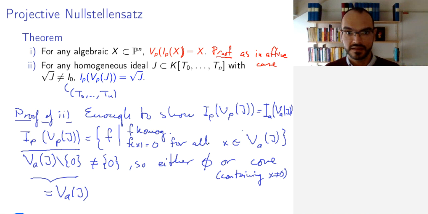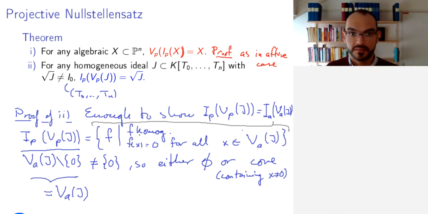It's a homogeneous ideal. This right-hand side is precisely this ideal. So this has to be exactly this, because here we know that this vanishing ideal is homogeneous, so it will be generated by the homogeneous polynomials vanishing at this cone. And this proves that IP of VP of J is equal to IA of VA of J, and we may conclude with the affine Nullstellensatz.